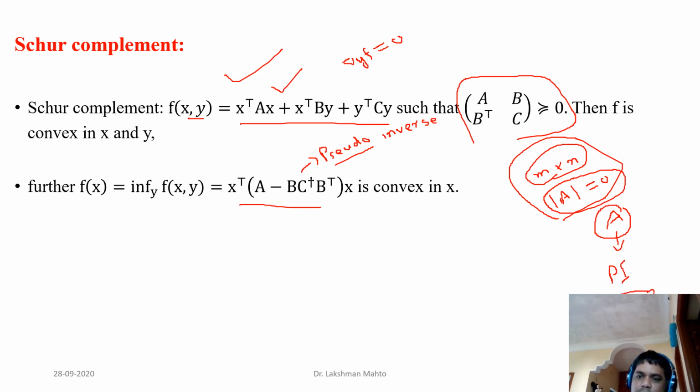My suggestion is that you go and revise SVD from the previous course. Otherwise, I will take one class on SVD if a request comes from your side. SVD is a very interesting concept. With the help of SVD, we can define this pseudo inverse concept.